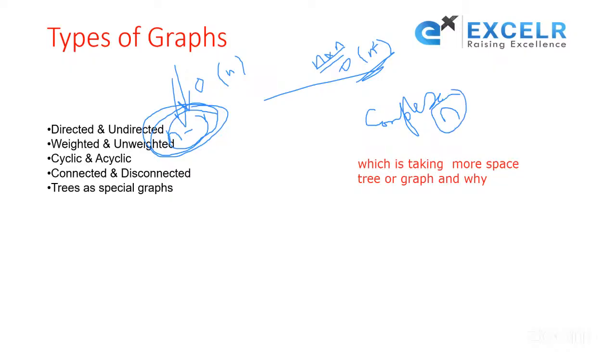And in worst case, suppose you have a graph with n nodes, what could be the maximum number of edges a graph can have? Can anyone? What is the maximum number of edges a graph can have?